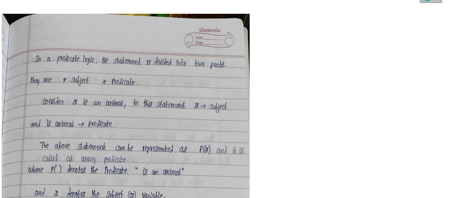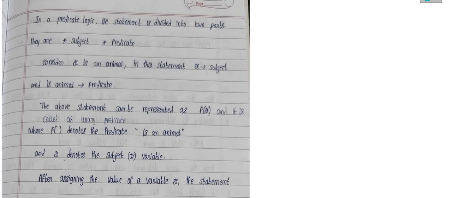That's why P of x is called a unary predicate, where P denotes the predicate, is an animal, and x denotes the subject or variable.